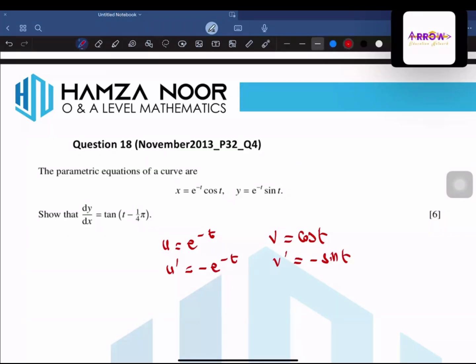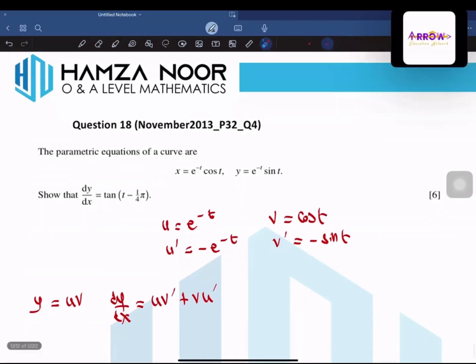As we know, when y is equal to u times v, dy over dx is equal to u v dash plus v u dash. You need to remember this sequence, u v dash plus v u dash. This is the formula for differentiation using the product rule, which is given to you in the booklet as well.